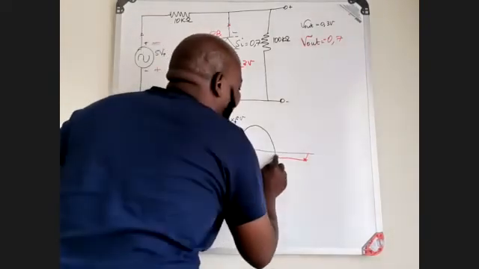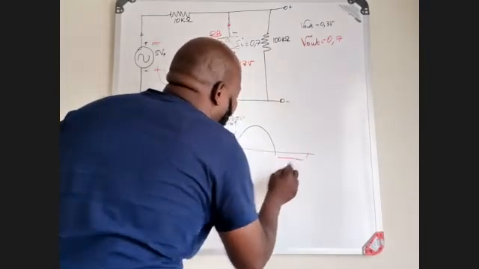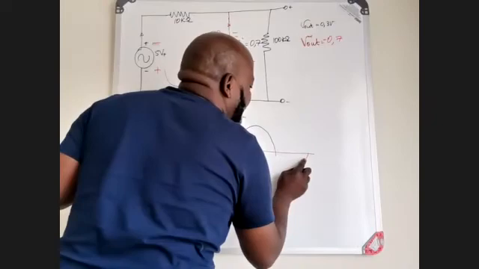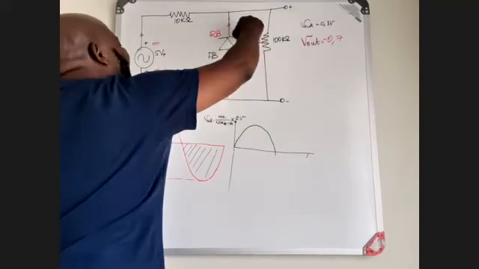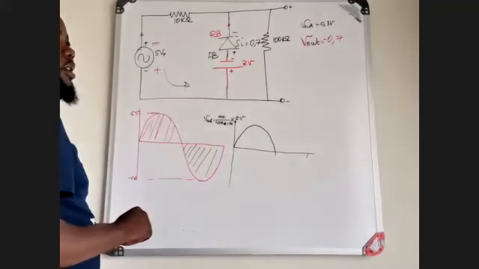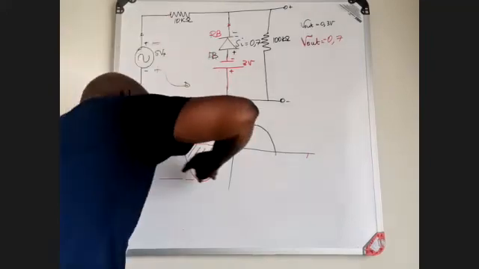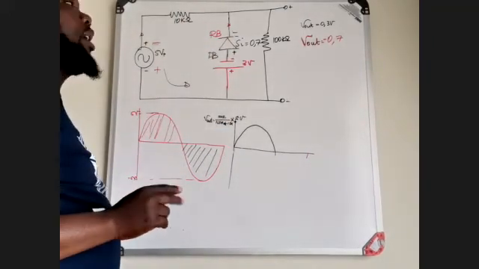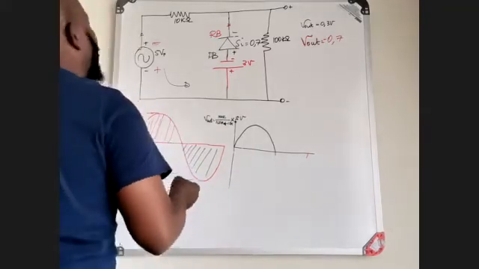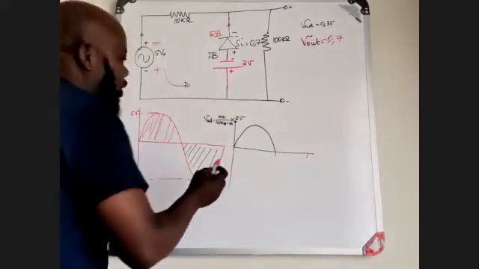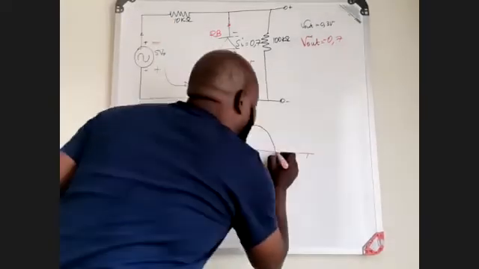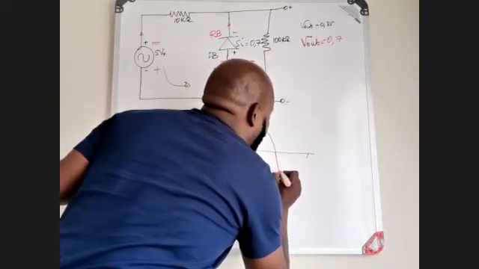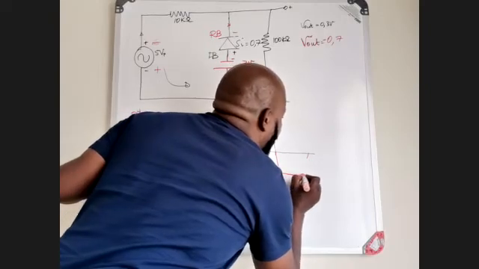It simply means that when I measure here, I no longer measure 0.7 volts, but I measure 0.7 volts plus 3 volts, during the negative cycle. During the negative cycle it becomes minus 3.7, so I increase this to minus 3.7 and then clip off the remaining.